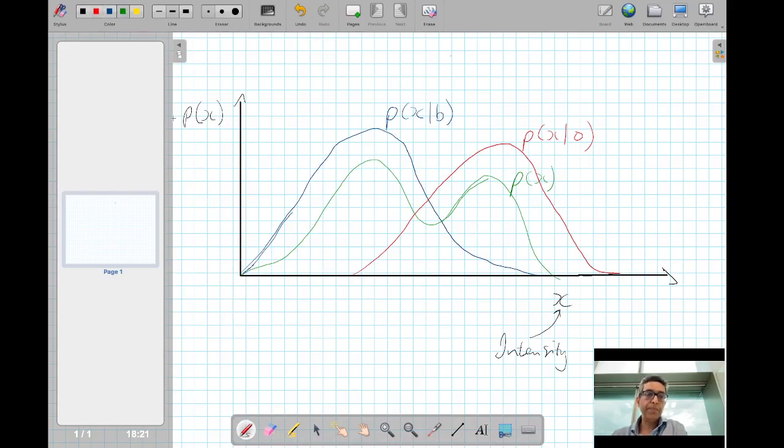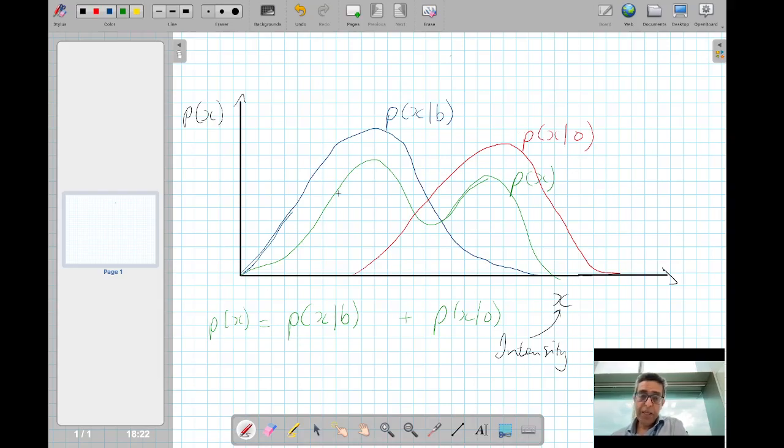So P of X is equal to P of X given B plus P of X given O. But we have one other thing to think about, which is that P of X given B and P of X given O stand on their own.